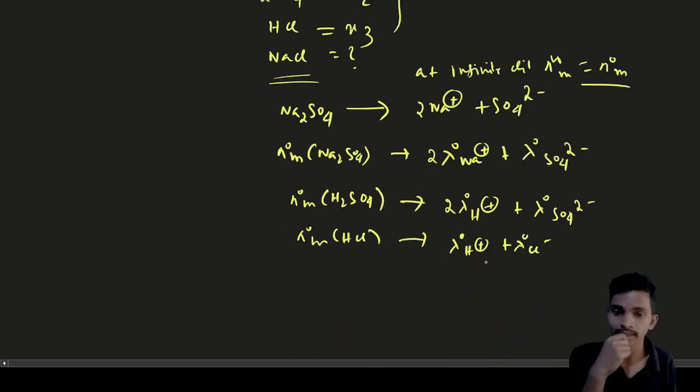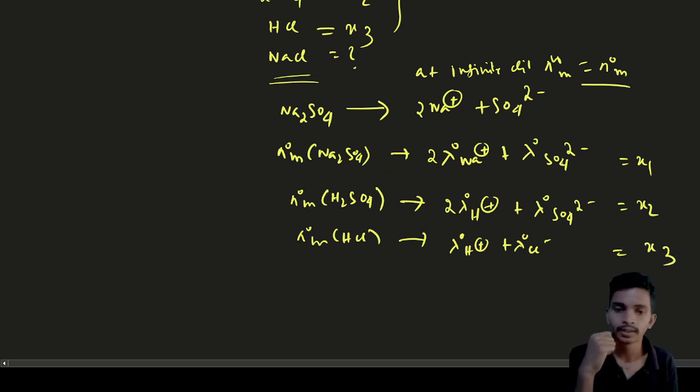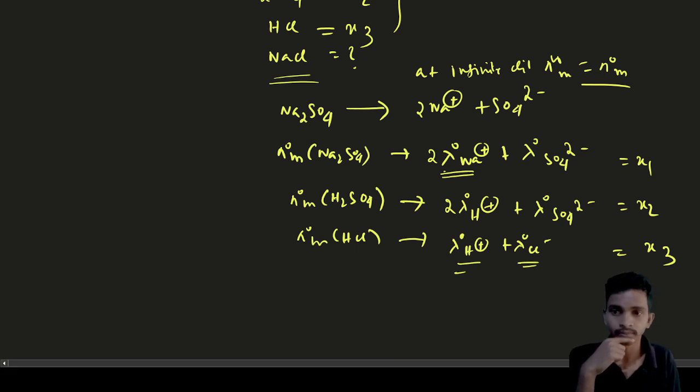Okay, so how will you get NaCl? This is x1, this is x2, this is x3. If I add x1, I get Na, and if I add x3, then I get NaCl. This value I want, this one, then I get NaCl.